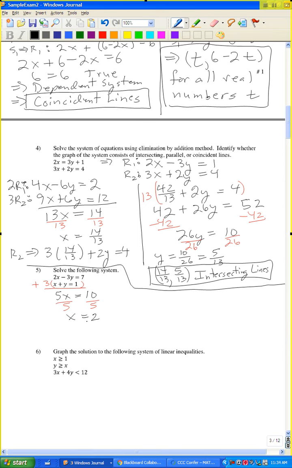Now let's plug into, I don't know, let's say the second equation. So this is R1 and R2, let's say. So let's plug into R2. x plus y is equal to 1. Subtract 2 from both sides.